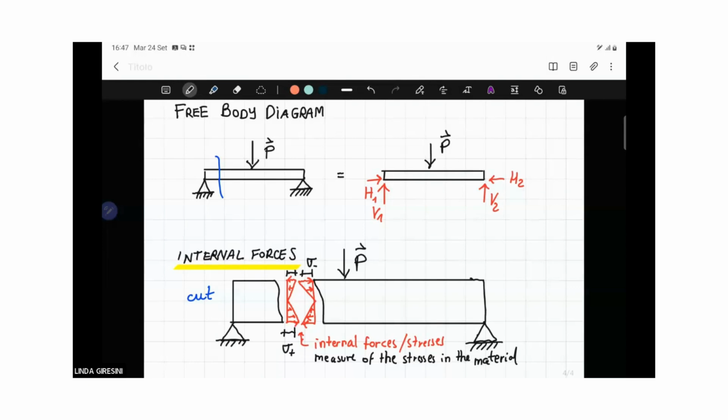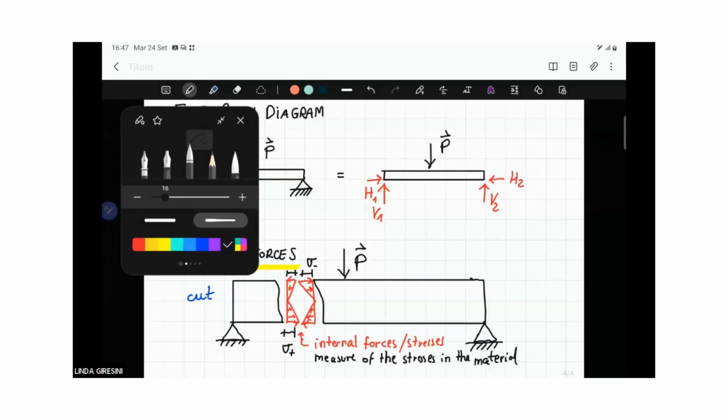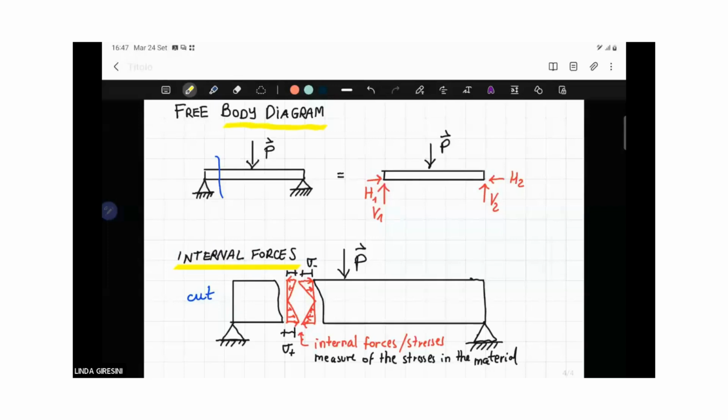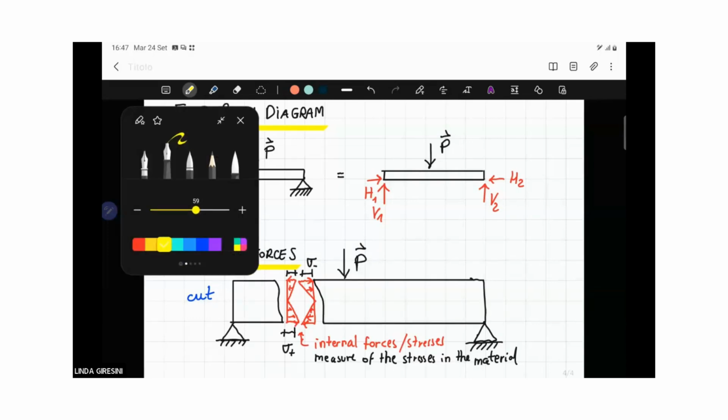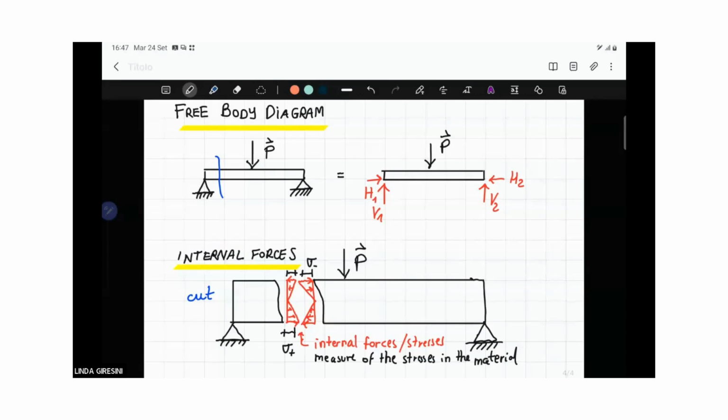Okay, so these are just two definitions and important aspects, because we will use the free body diagram a lot, and we will also make a lot of cuts into the beams to understand what the internal distribution is. So we need to understand the difference between them.